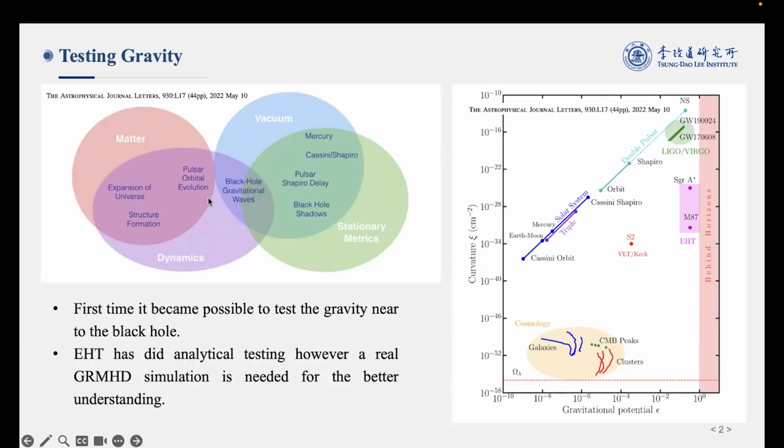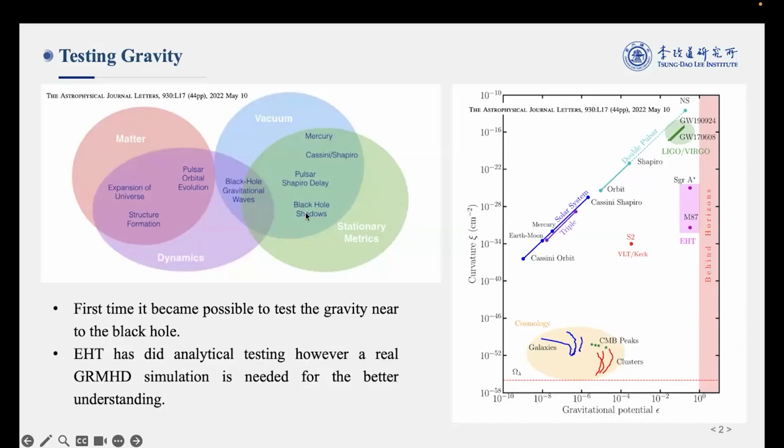Similarly, some of the observations are very sensitive to the coupling of the matter field with the gravitational field, like neutron star observations. And the black hole shadow is only important if you know the properties of the vacuum space-time.